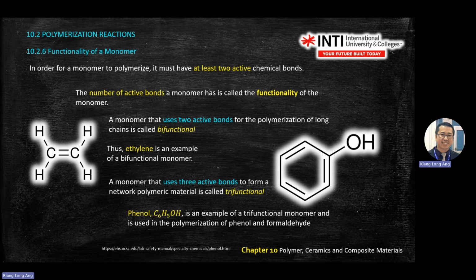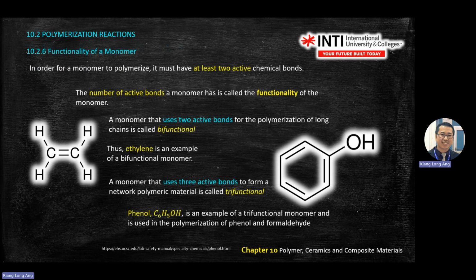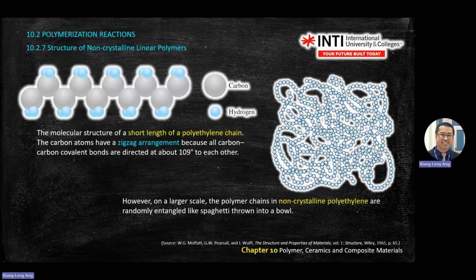When you see a triple bond, for example C6H, it is a triple bond, so you will see it is trifunctional. Basically, you see how many bonds you have inside there. Okay, so this one you read.